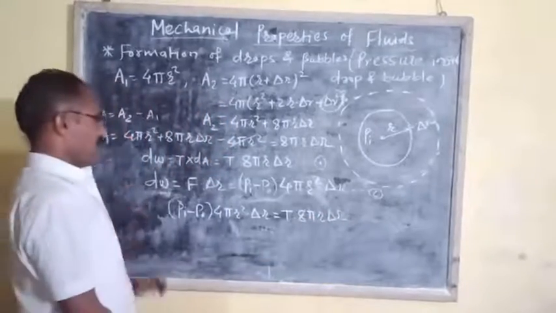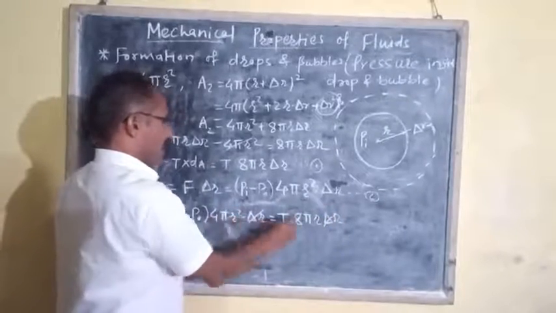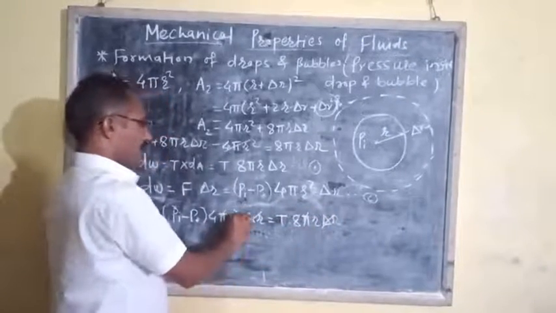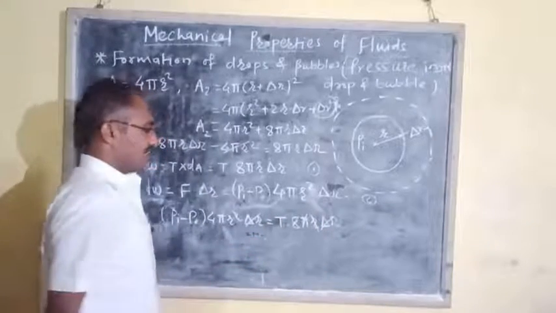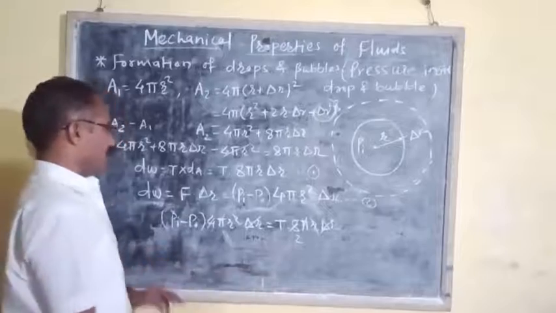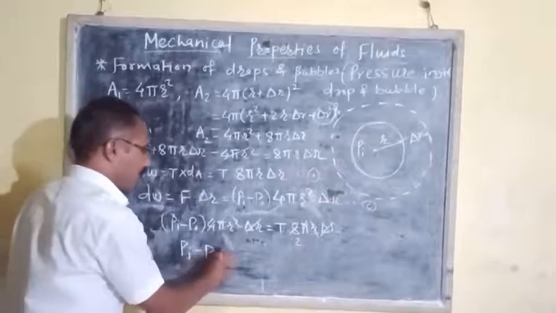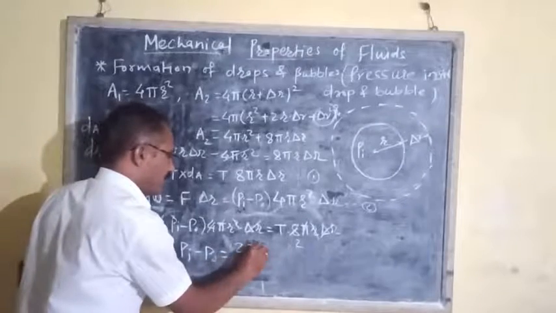Here delta r gets cancelled, pi gets cancelled, one r gets cancelled, and 4 goes into 8, so we get Pi minus Po is equal to twice T upon R.